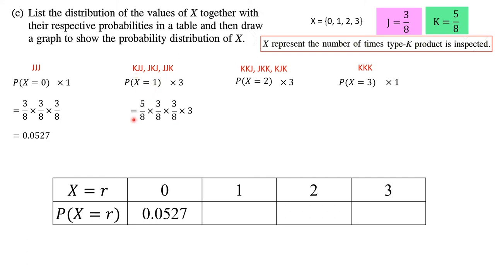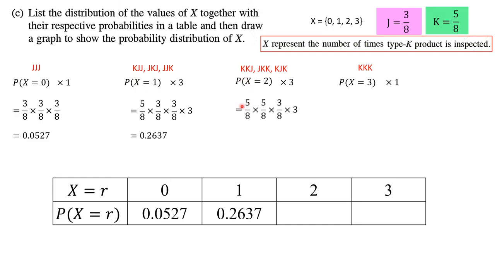So 5 over 8 will occur once, and then 3 over 8 will occur twice. Multiply by 3 because there are 3 types of outcomes. The answer is 0.2637. Fill in the table.